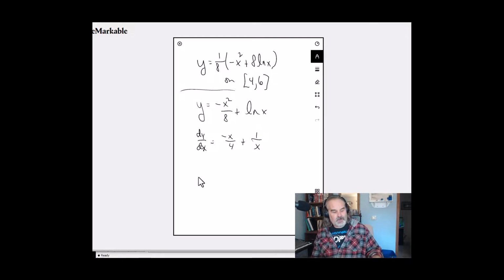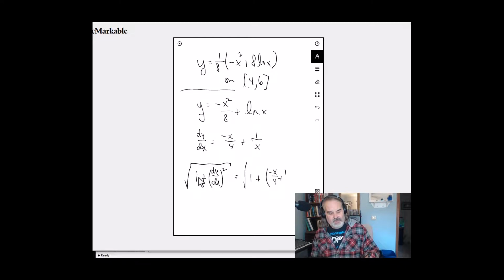You know what? Heck. Let's just go for it. I'm just going to build that. That's the square root of 1 plus negative x over 4 plus 1 over x, squared. Like so.